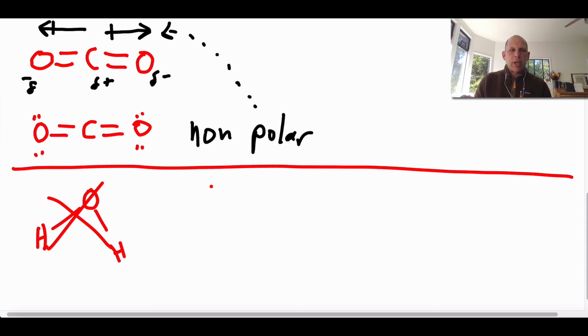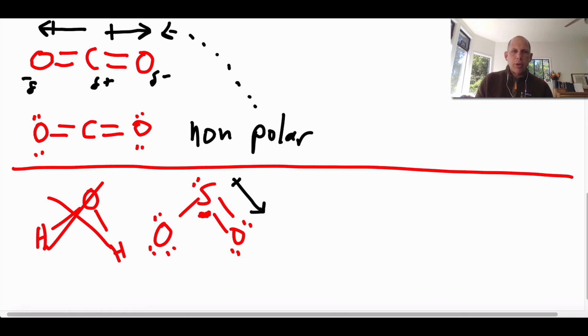Let's use a molecule like SO2. Okay, so SO2 is bent because of these lone pairs. Okay, now let's draw the arrows. Who pulls harder? Well, O is higher on the periodic table, so O is going to pull harder. O is going to pull harder here.